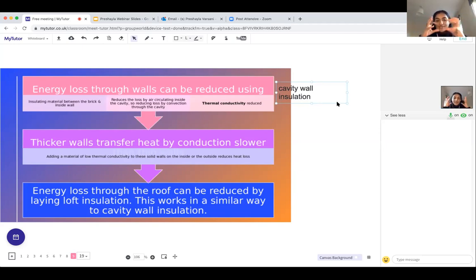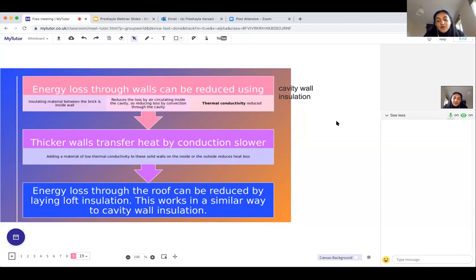Between that, we sandwich this insulating material, which can come in lots of different forms, such as foam. We can have something like a fibre in there to really insulate between the outside and the inside. Now this reduces the loss by air circulating inside the cavity, so it reduces the loss by convection.